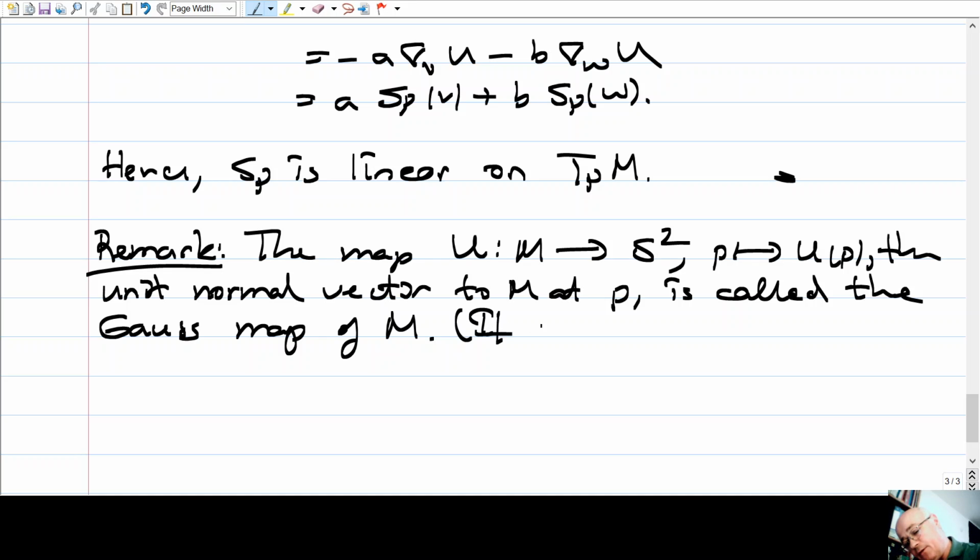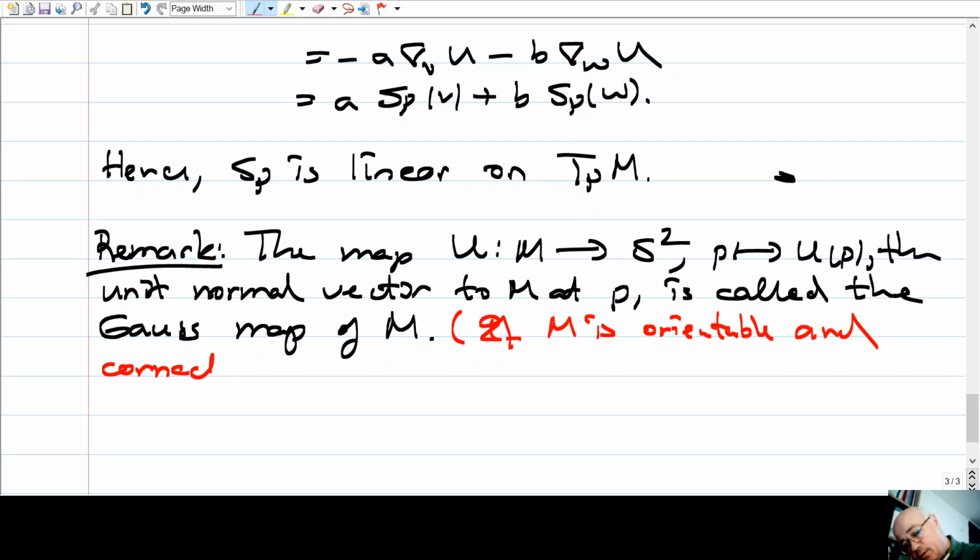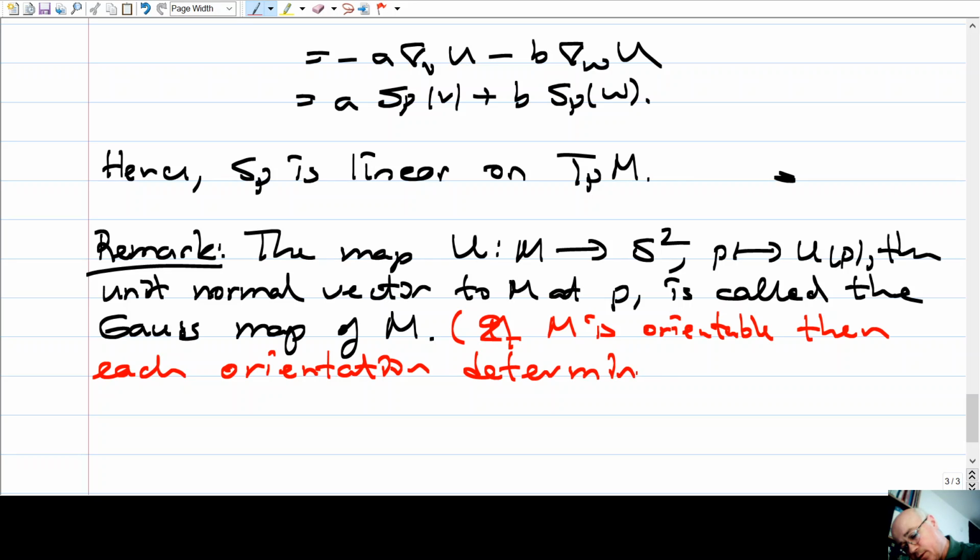So let me write it here. If M is orientable, then each orientation determines one Gauss map.